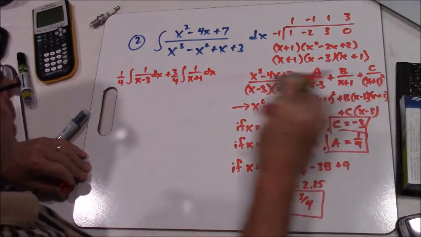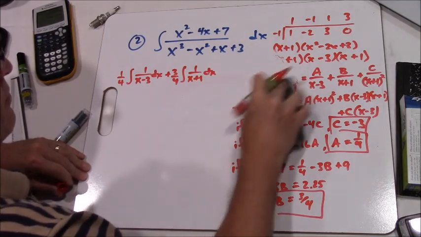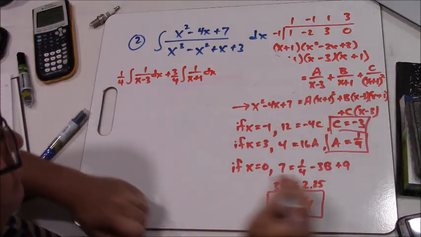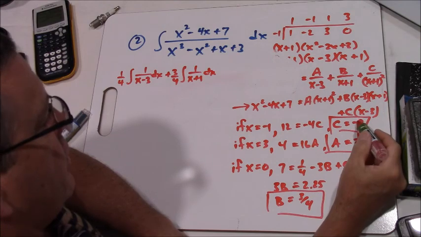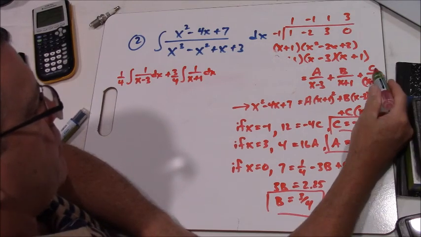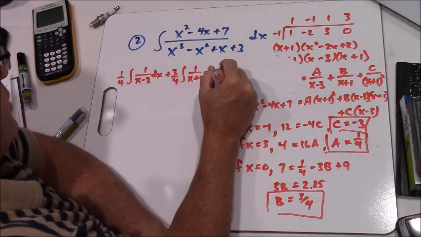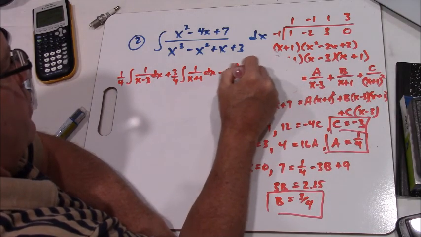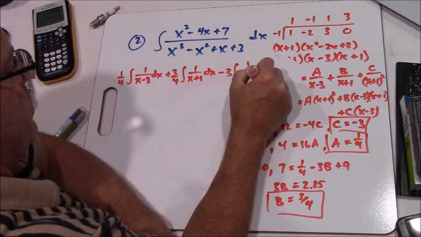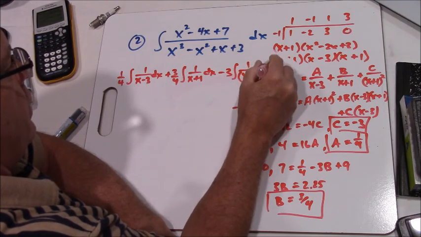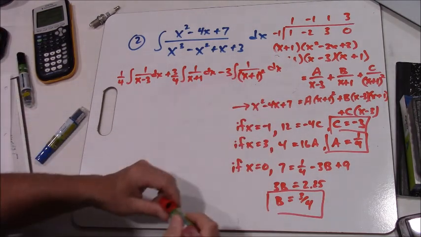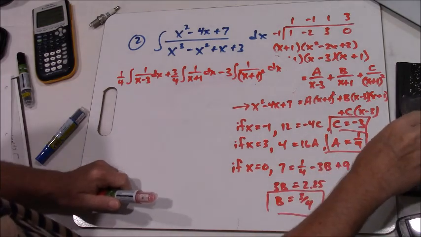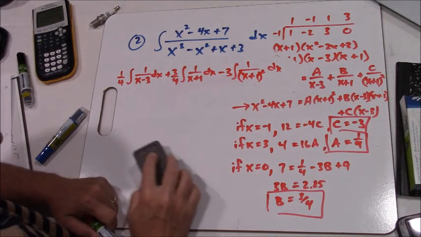And so now my last integral, C was -3, so I'm going to move that to the outside. And what I'm left with is 1 over x plus 1 squared dx. All right, so let me get rid of all this extra stuff here.